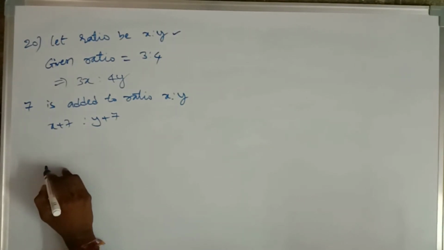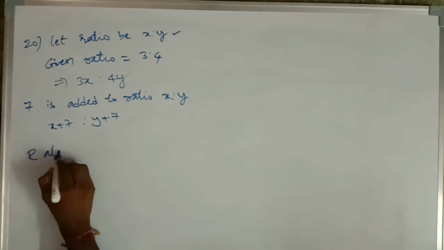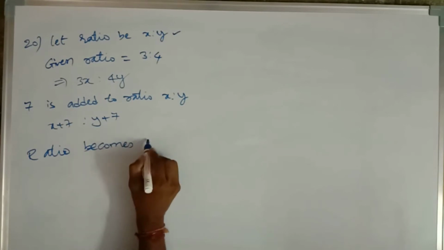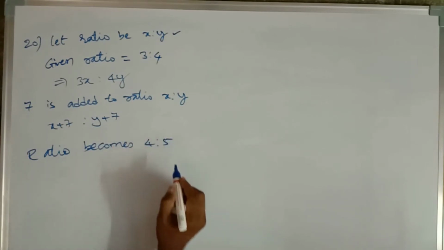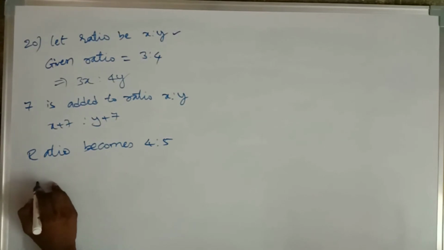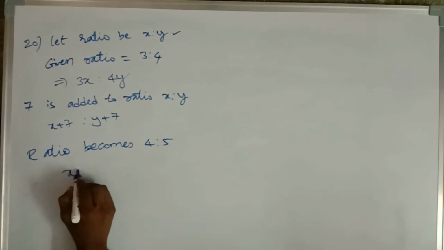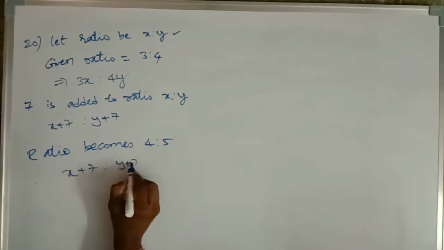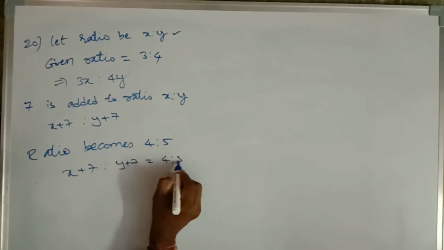So now the ratio becomes 4 is to 5. Okay, so therefore x plus 7 is to y plus 7 is equal to 4 is to 5.